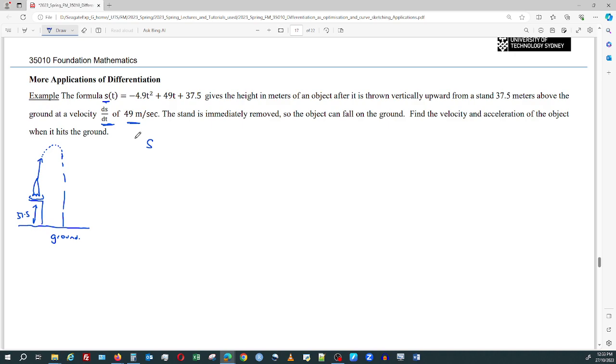The initial position is 37.5. So when t is 0, that's the equation. That's your initial height. If t is 0, the height is 37.5.